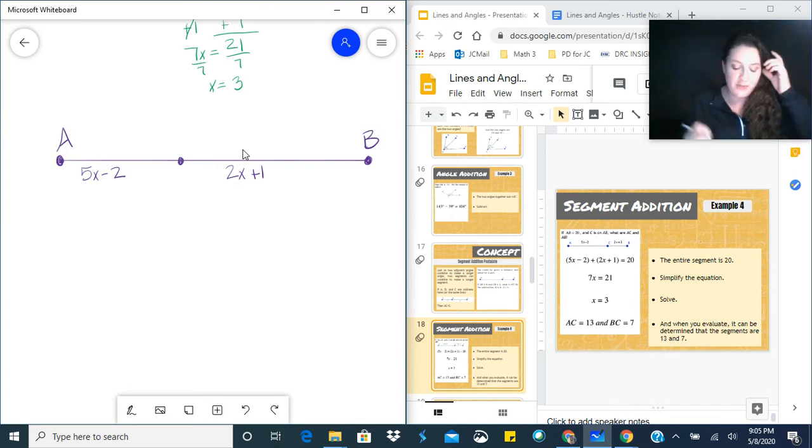Please don't judge. But now you're going to take your x equals 3, and you're going to input it into each equation.